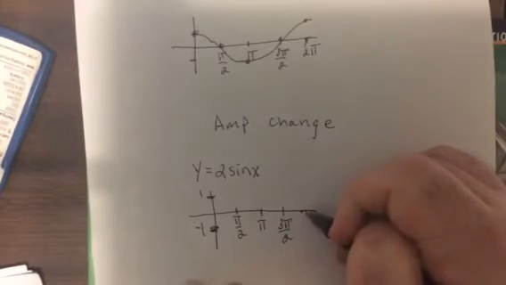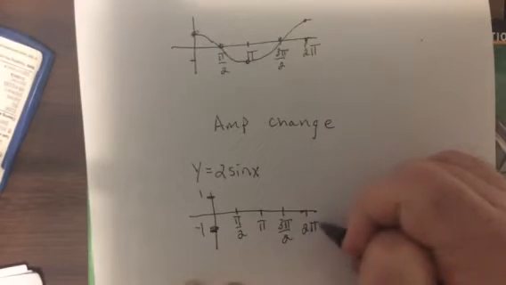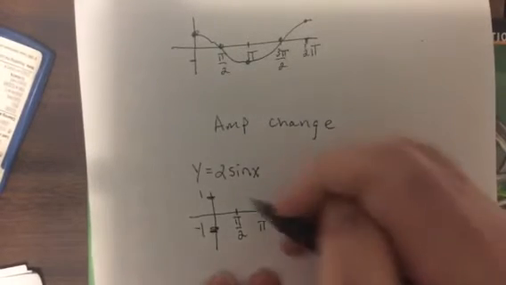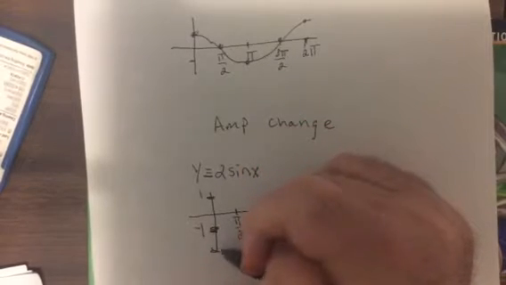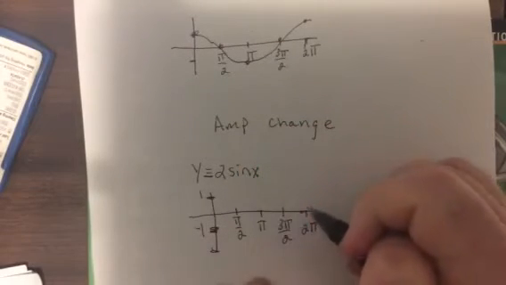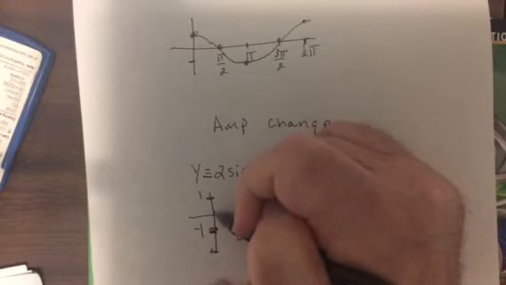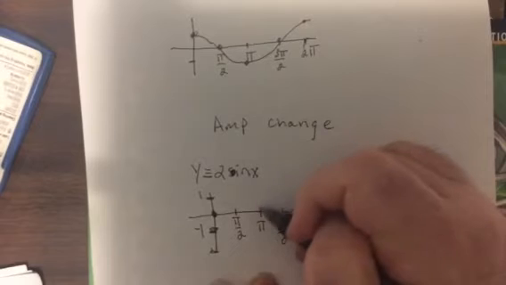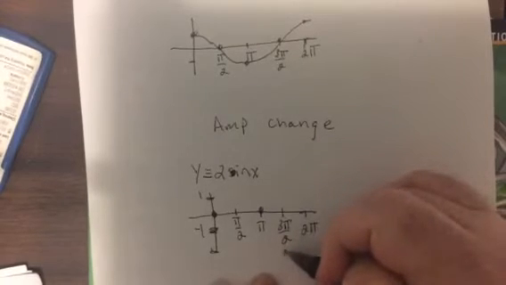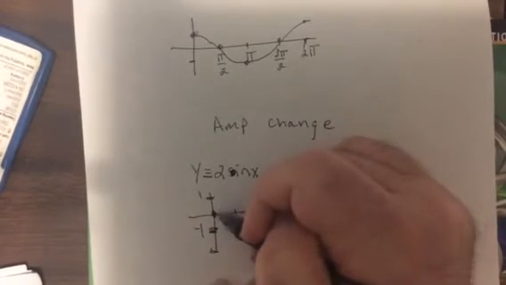And then all the way around the circle is now 2 pi. So you would go, okay, I'm multiplying by 2. Now, if you want to draw the basic graph and then do it, that's fine. Or just say it starts at 0, goes to 1, but 1 times 2 is 2. 0, -2, 0.